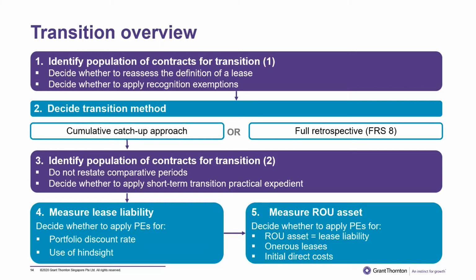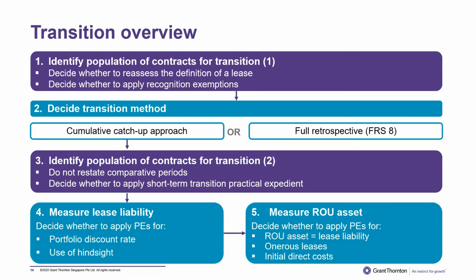A couple more practical expedients are given under the standard. So you can apply a portfolio discount rate. What this really means is that if you have a large number of leases, you can create portfolios of leases based on tenure and nature of assets. So if it's the same category of assets, let's say cars, you've taken a lot of cars on lease, you can then bundle them together and say this is one portfolio, provided their lease tenure is similar.